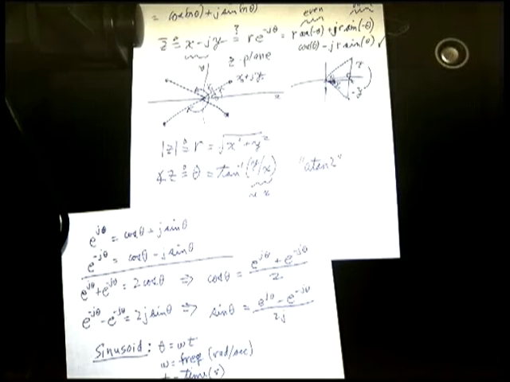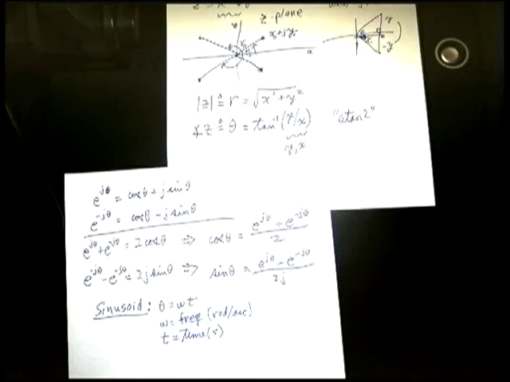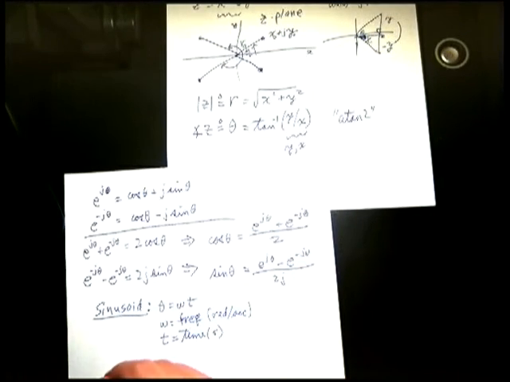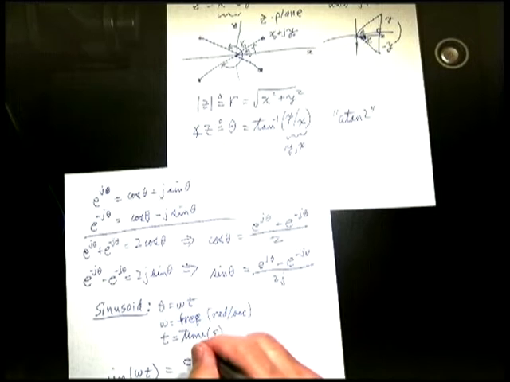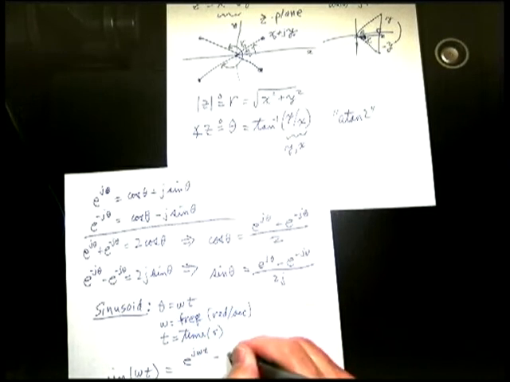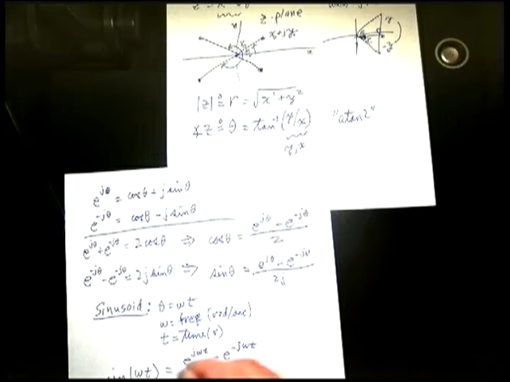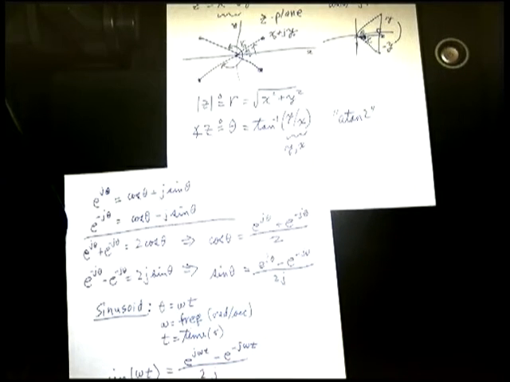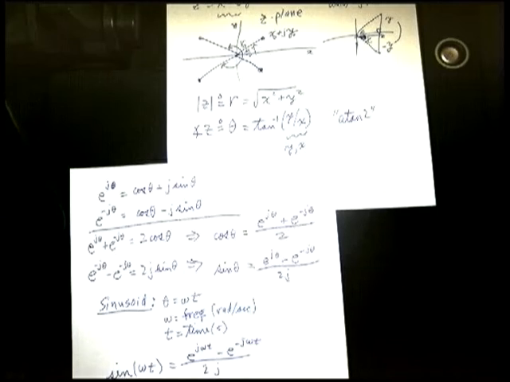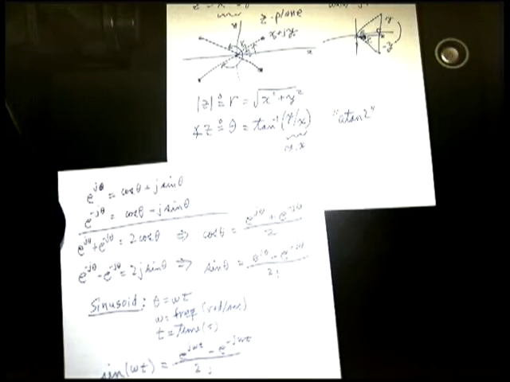So a sinusoid like sine omega t can be expressed as two complex sinusoids, e to the j omega t minus e to the minus j omega t over 2j. And so this is where the negative frequencies come from.